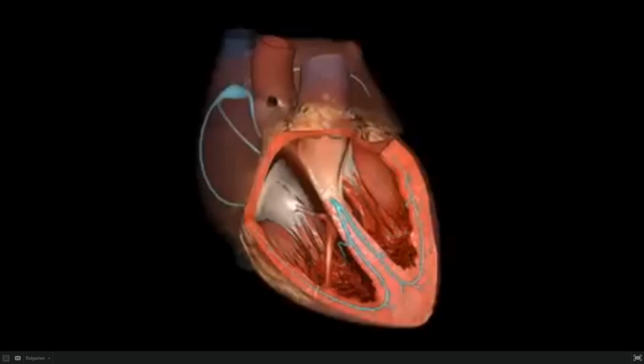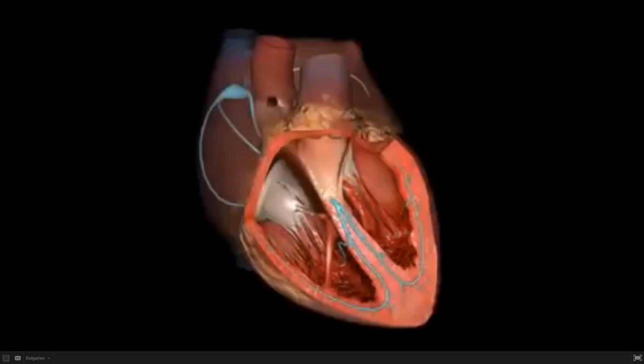On that picture it is visible at the left bottom like a blue knot. And from this blue knot go different blue lines. This is the path to different parts of your heart.